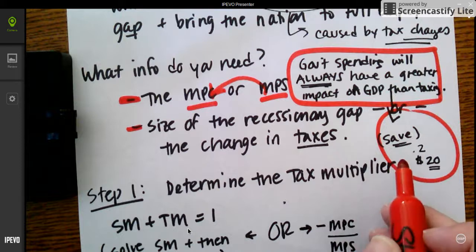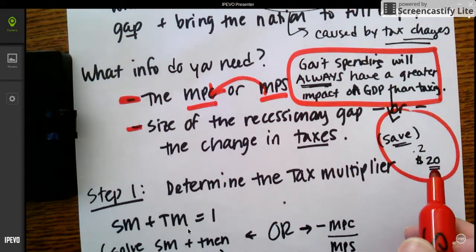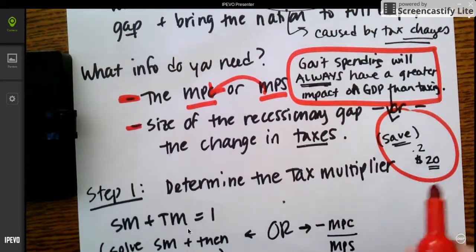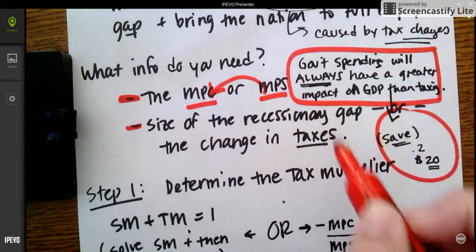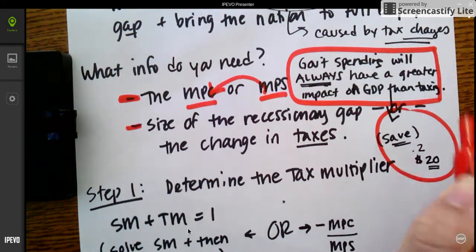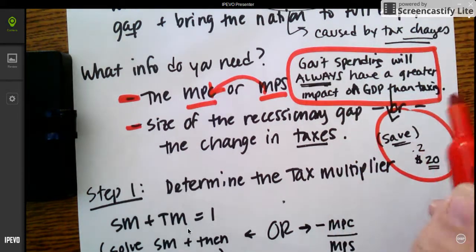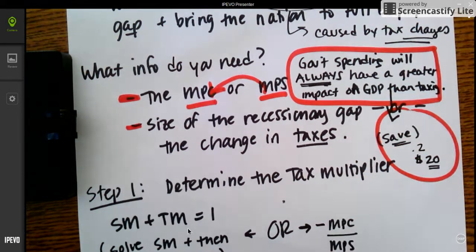Whereas if we give a $1 million tax cut, 20% of that tax cut is going to be saved by consumers and it's not going to be spent. This is a common thing that comes up, and when we do some of the FRQs and multiple choice questions, you're going to see that.